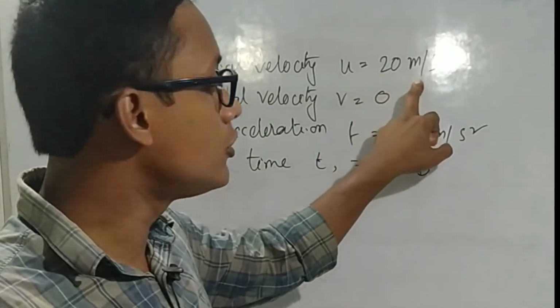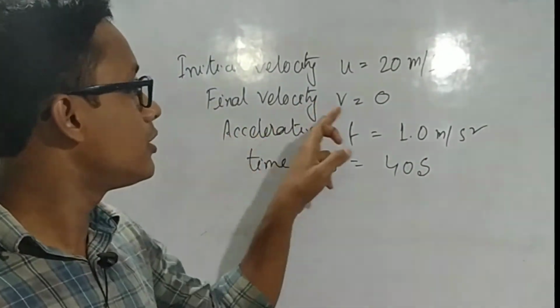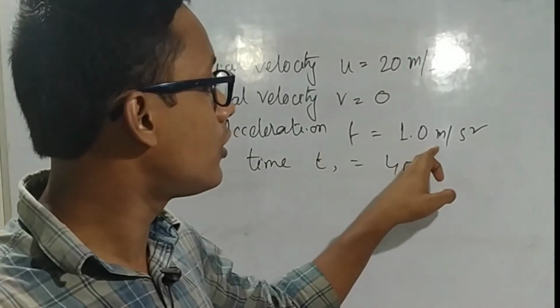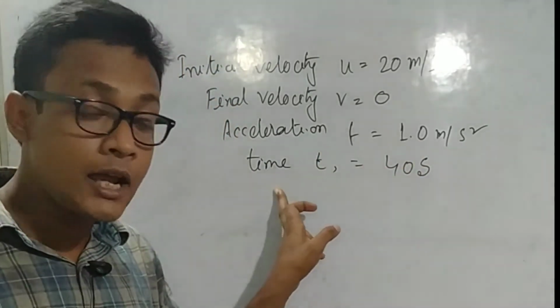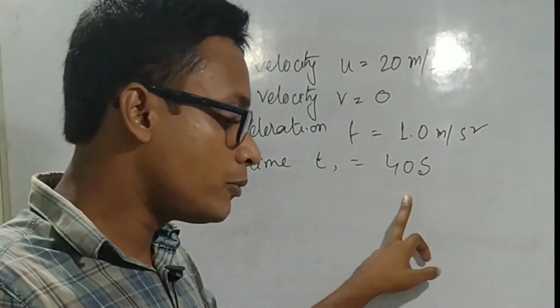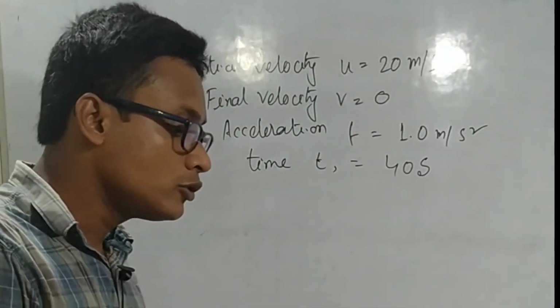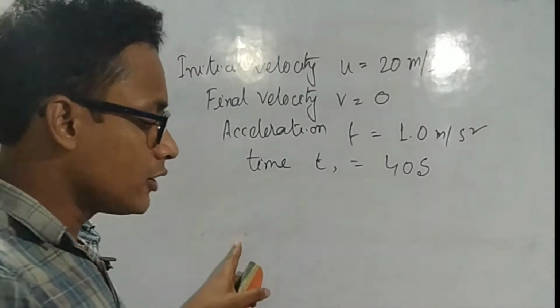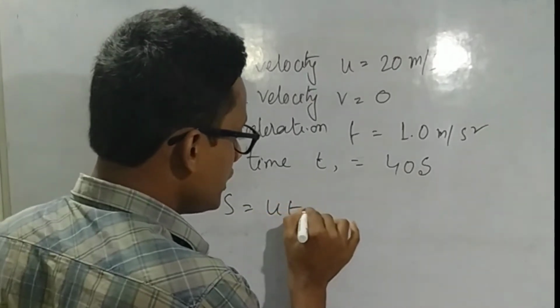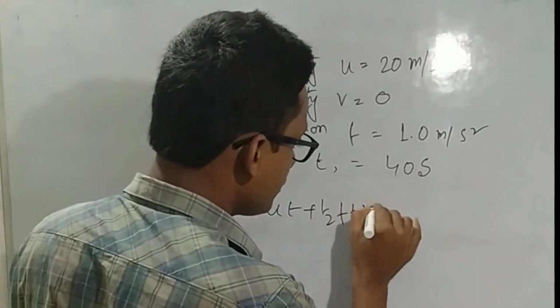Initial velocity u is equal to 20 meters per second, final velocity v is equal to 0, acceleration of this train f is equal to 1 meter per second square, and time taken to stop this train, that is t, is equal to 40 seconds. So we can calculate the distance like s is equal to ut plus half of ft square.